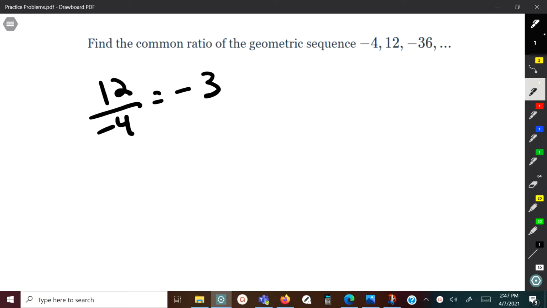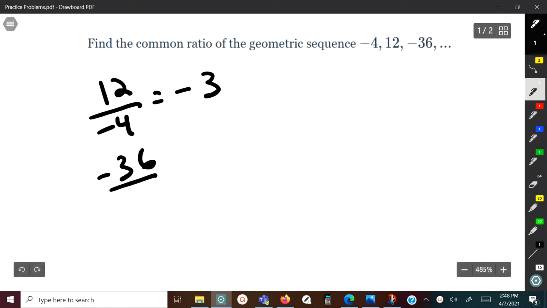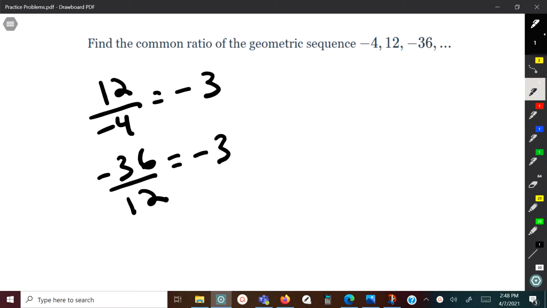So the common ratio is negative 3. But just to make good measure, you get negative 36 divided by a positive 12. Negative divided by a positive is negative, and 36 divided by 12 is 3. So the common ratio is negative 3.